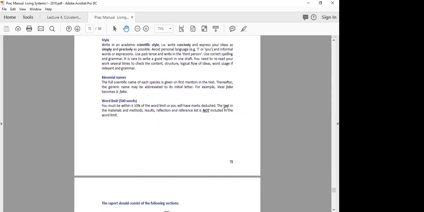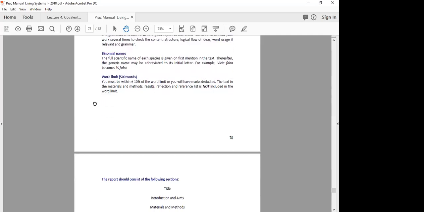In other words, the text that you write in your materials and methods, in your results, in your reflection, and in your reference list is not included in that word limit. So I normally recommend that students try to write about 250 words in their introduction and aim section and aim for about 250 words in your discussion conclusion section. Okay, so keep that one in mind.